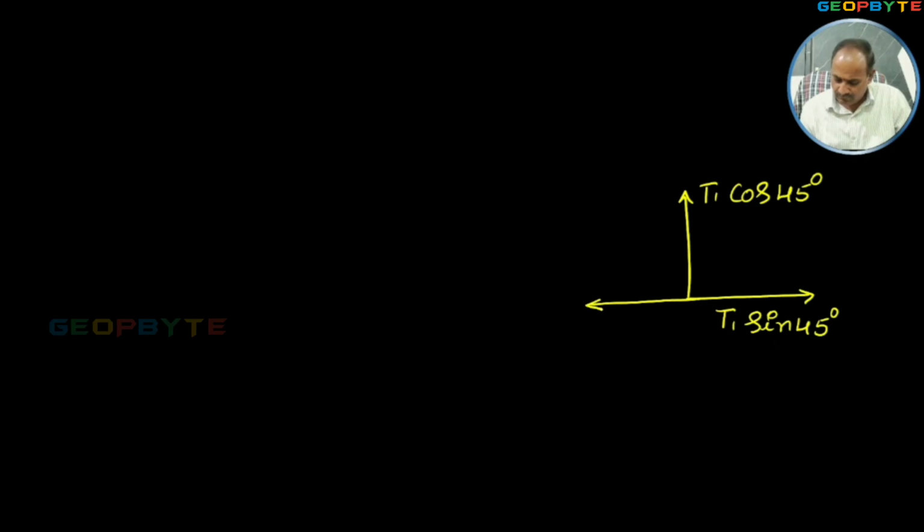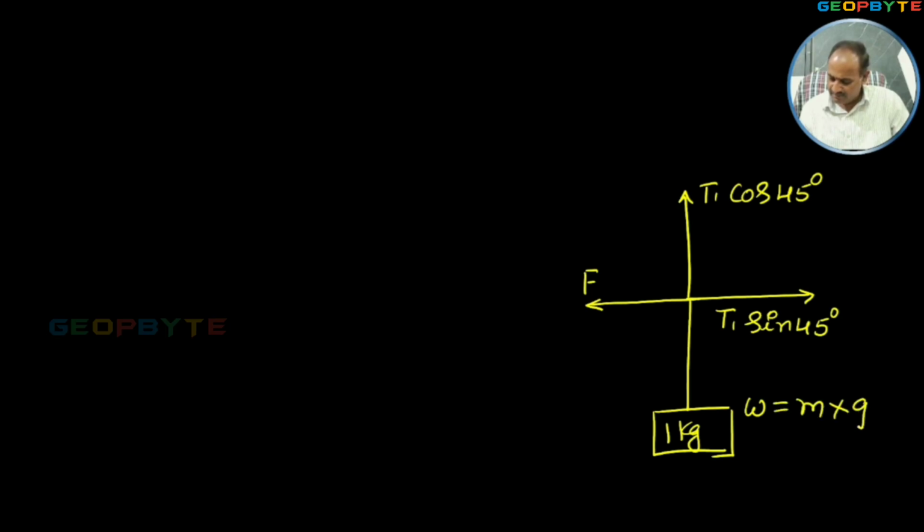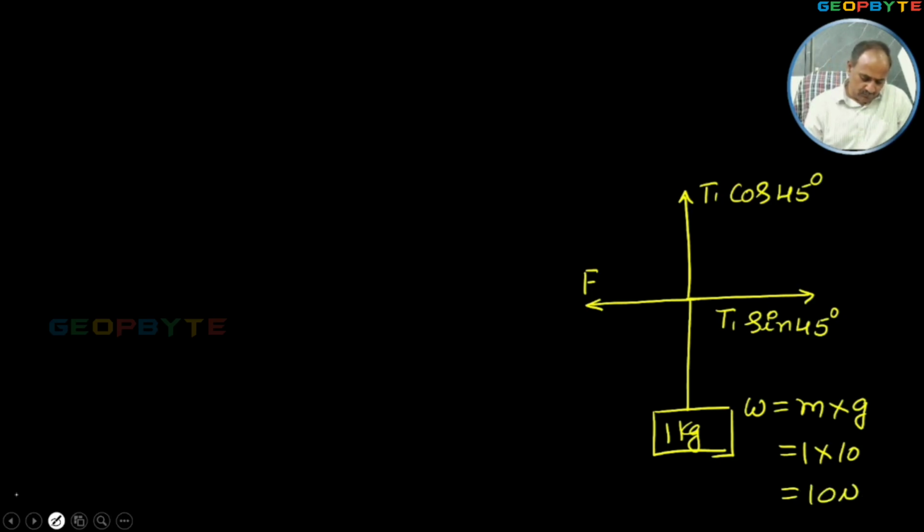This is the horizontal force F, and weight always acts vertically downwards. Here the mass is given as 1 kg. Then weight equals what? Mass multiplied by g. Mass is 1 into 10, which is equal to 10 newtons. Okay. Now resolving the forces.